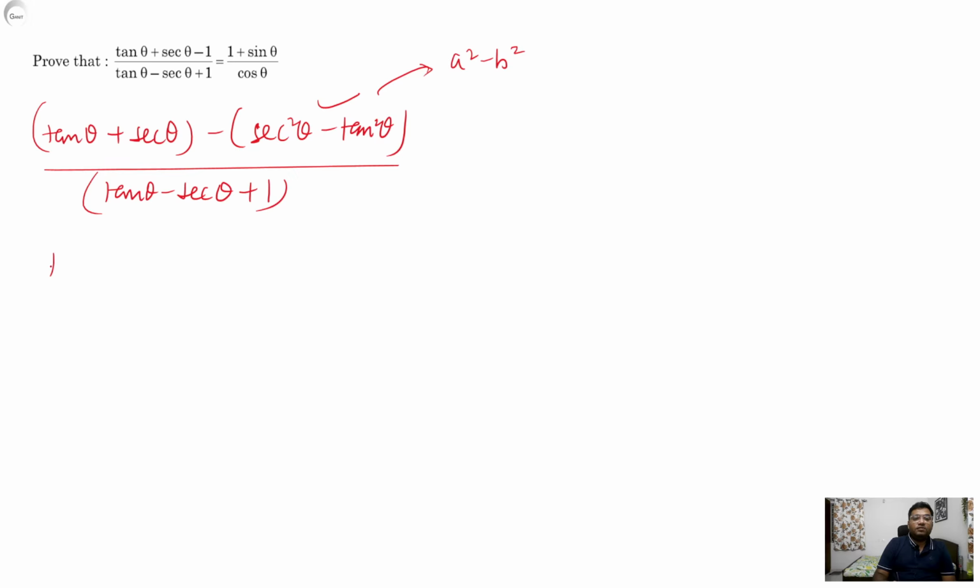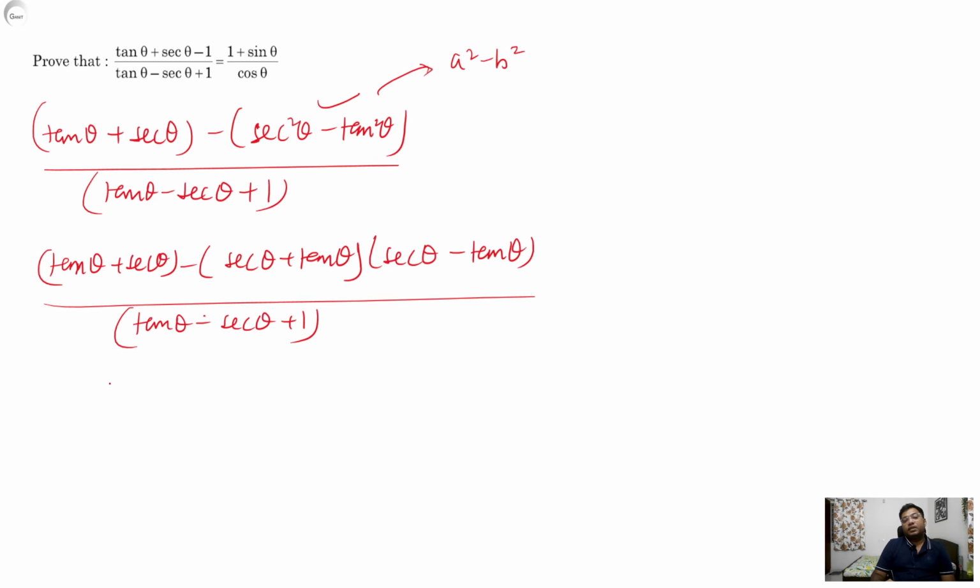So I'm going to further simplify this. Tan theta plus sec theta in one bracket, minus sec theta plus tan theta in one bracket, and sec theta minus tan theta in another bracket, whole upon tan theta minus sec theta plus 1, right? Again, not touching the denominator.